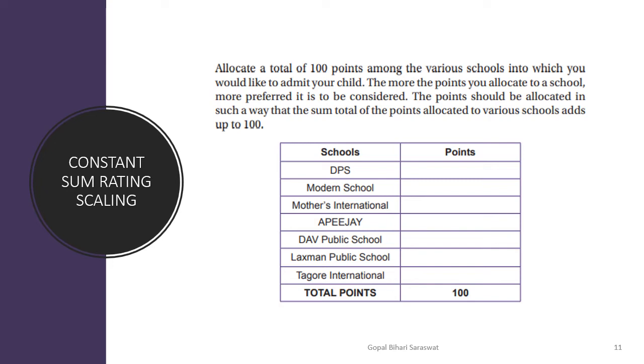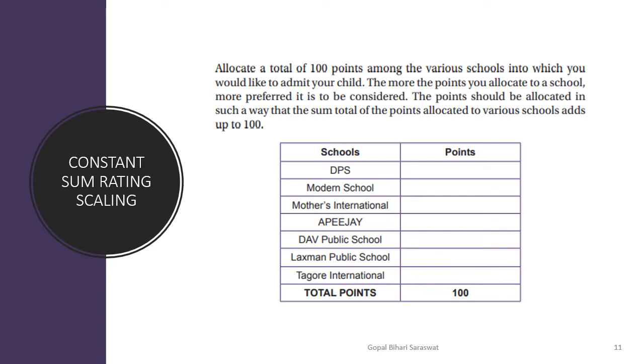Each school is given a position on this scale, but the total points scored for this question should be 100. So if a parent would like their child to be enrolled in DPS and this is the most preferred school, they will give the highest points to DPS.